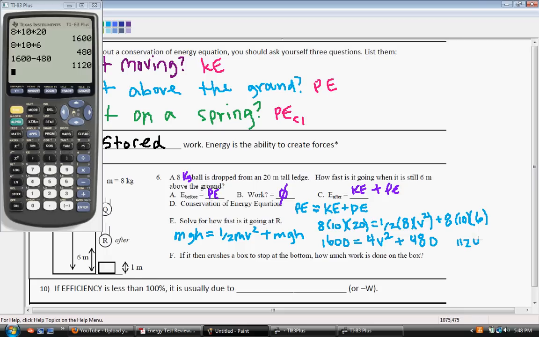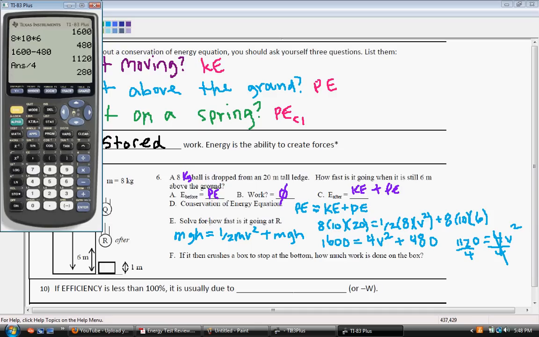So 1120 equals 4v squared. What we can do next is divide both sides by 4. This cancels out. And 1120 divided by 4 is 280. So we end up with 280 equals velocity squared.